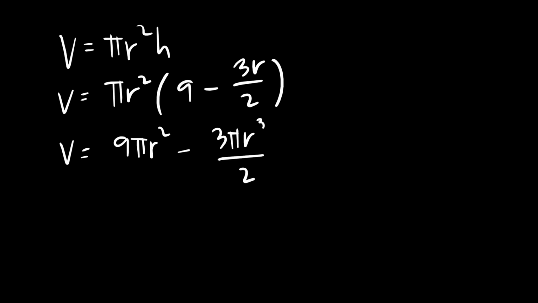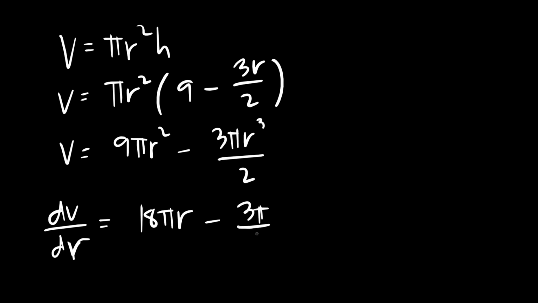It is advisable to distribute all of the terms before differentiating. So we're now ready to differentiate. dV over dr equals 18 pi r minus 9 pi r squared over 2, since the derivative of r cubed is 3r squared.